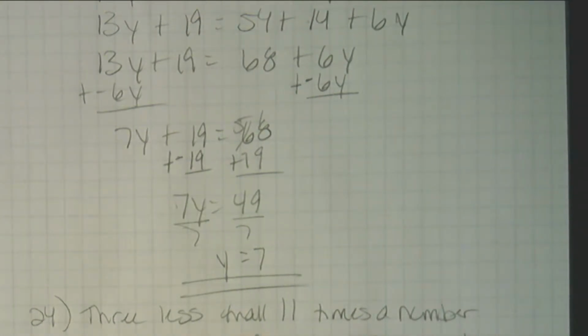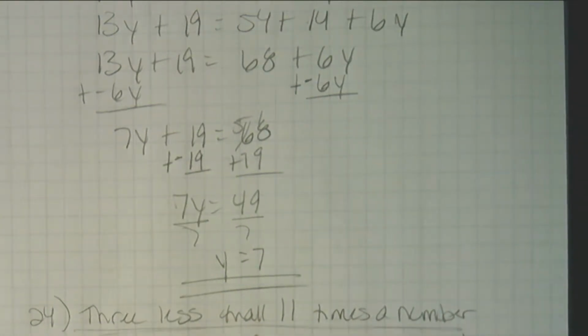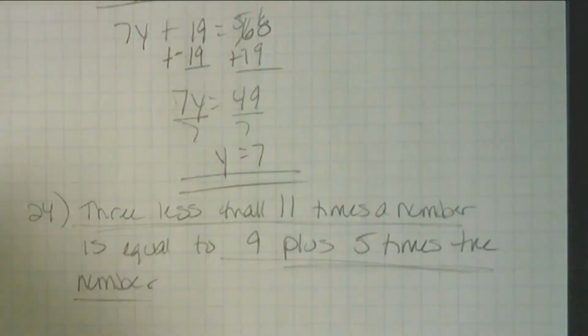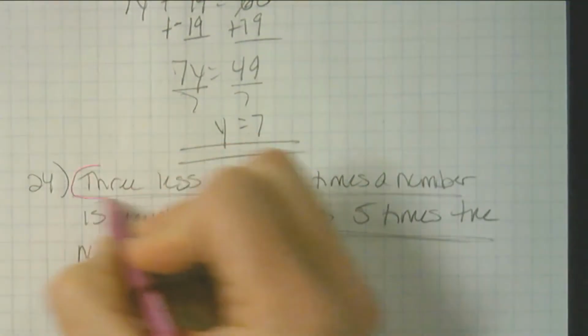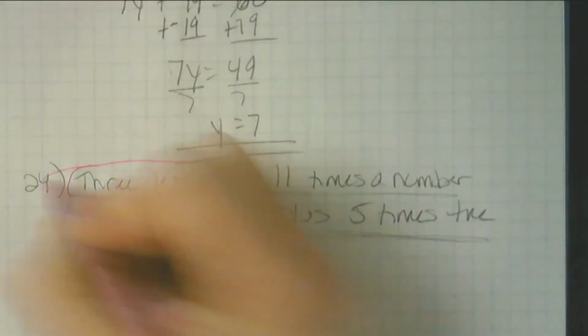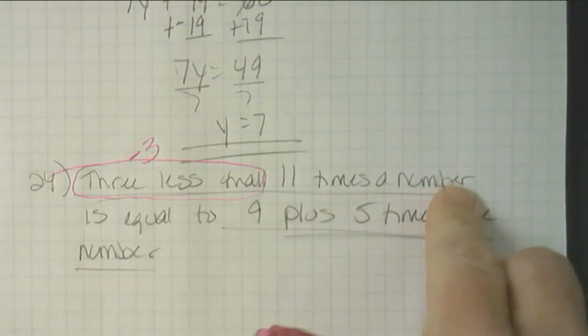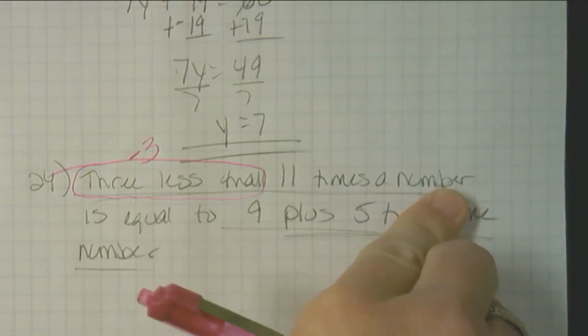Okay, so let's take this apart. Here's the first part of the equal sign, here's the second half of the equal sign. When I take a look at this, it's the less than part that throws a lot of people off. If I have an amount less than another amount, this means I'm going to be subtracting 3 from whatever comes after it.